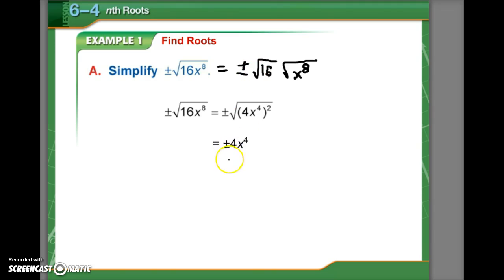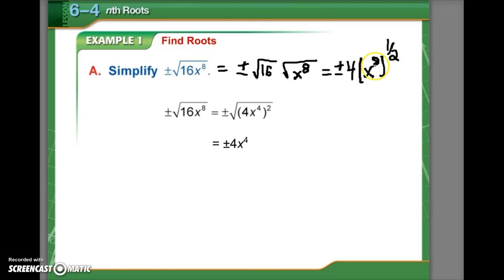And the square root of 16 obviously is 4, and the square root of x to the 8th, well, when you take a square root, the square root is like the half power. So this is like x to the 8 to the 1/2 power.